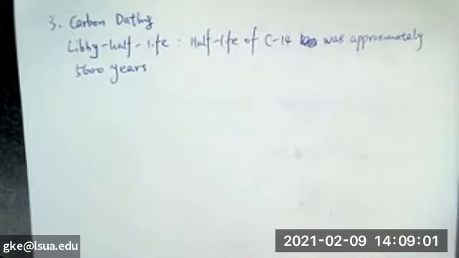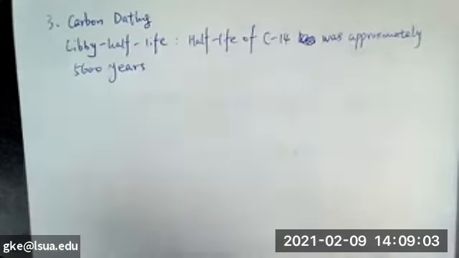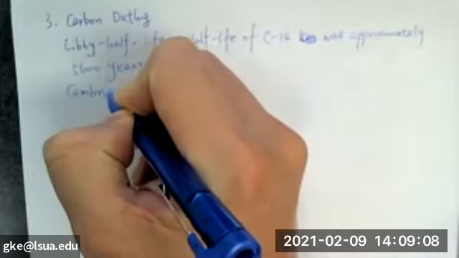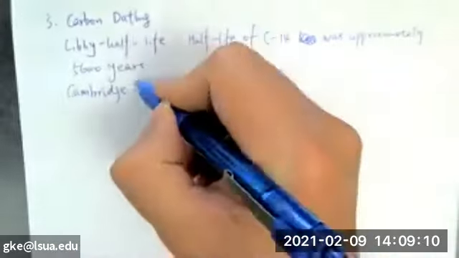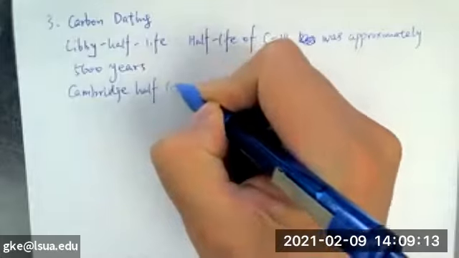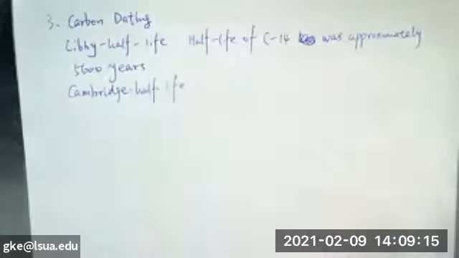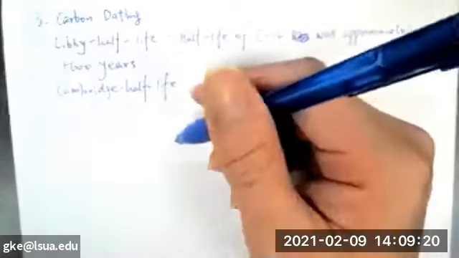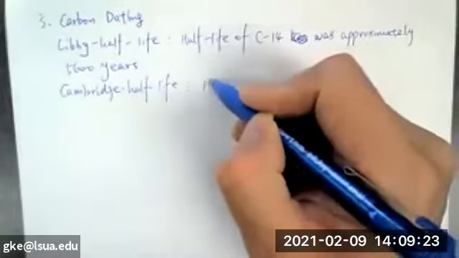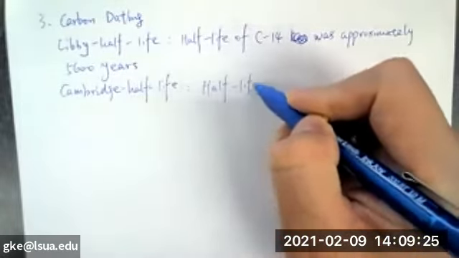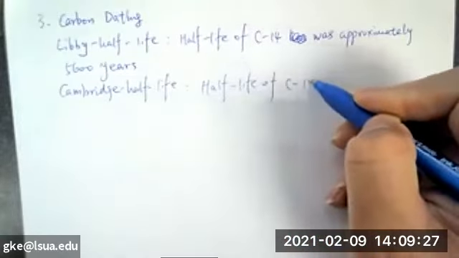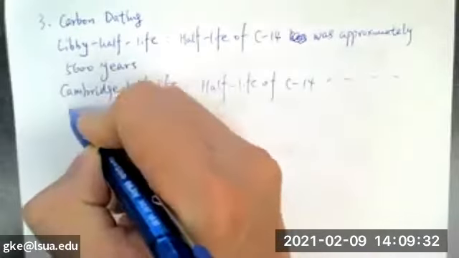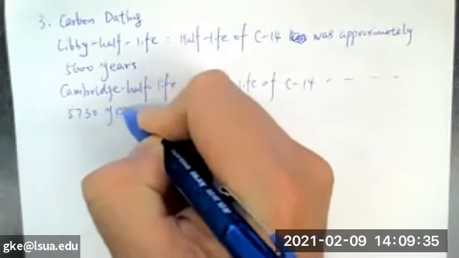And another one is the Cambridge half-life. The half-life of C14 was approximately 5,730 years.